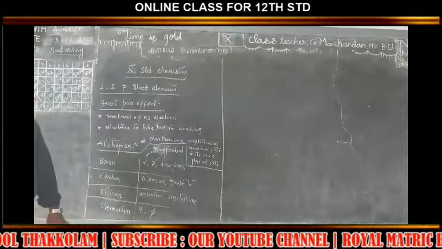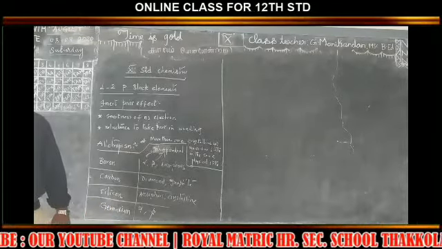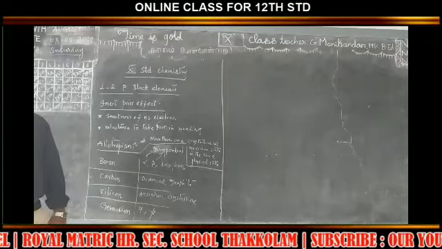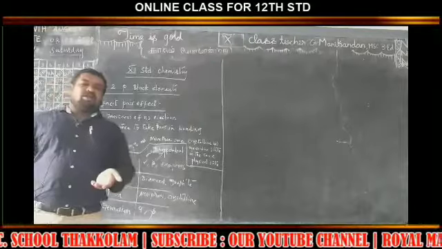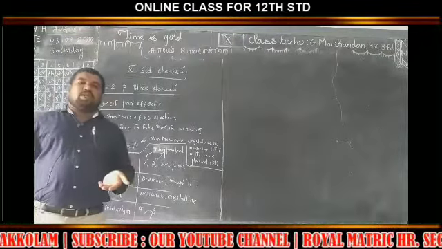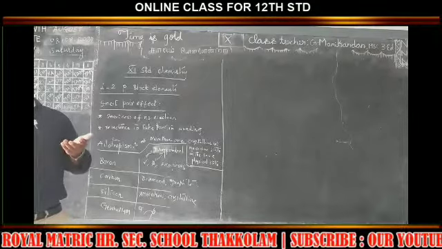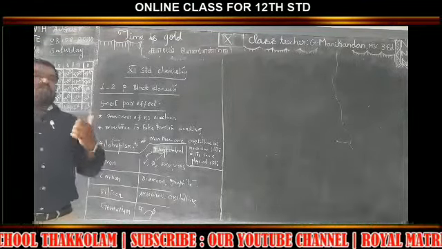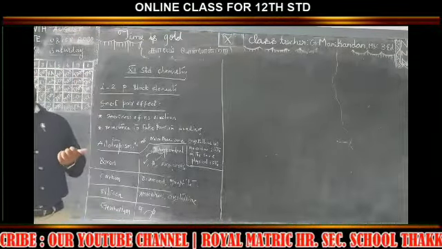Then germanium, alpha germanium and beta germanium. Alpha and beta refer to the stability of the forms. Then oxygen has molecular oxygen, dioxygen, and ozone. Ozone is O3, a triatomic molecule. So these are the allotropic forms of P block elements.